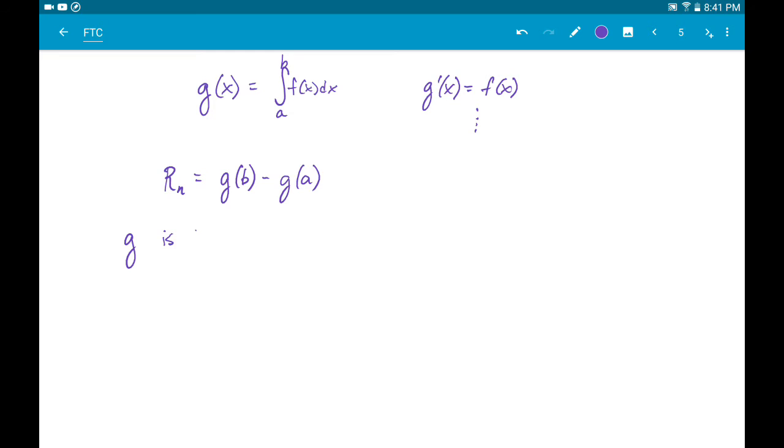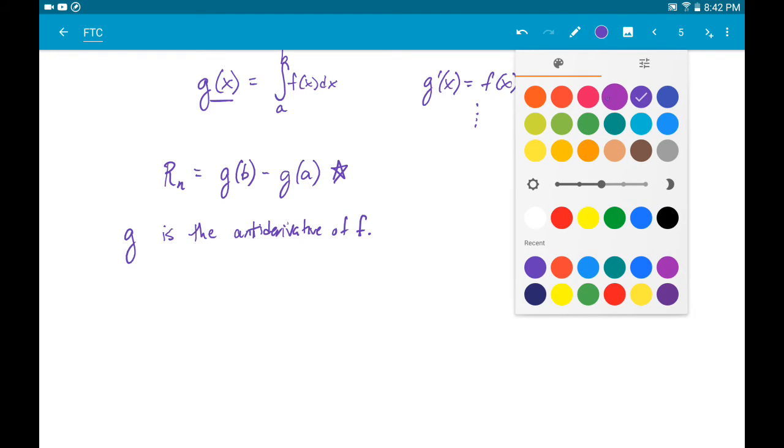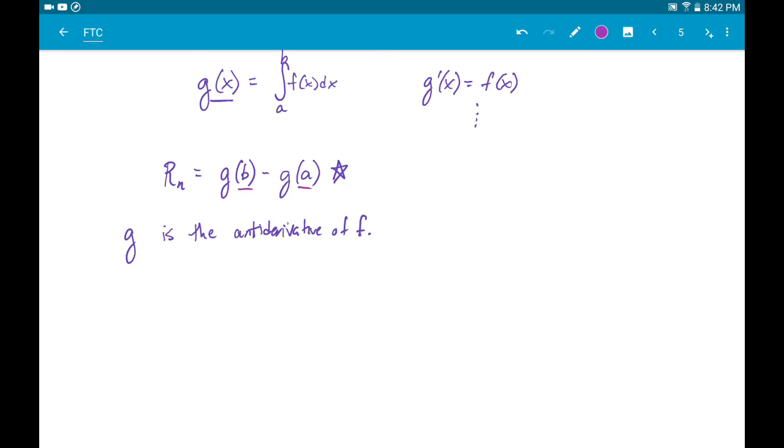G is the antiderivative of f. What this says up here is that all you have to do to find the exact area under the curve is find the antiderivative and then plug in the endpoints and take the difference.